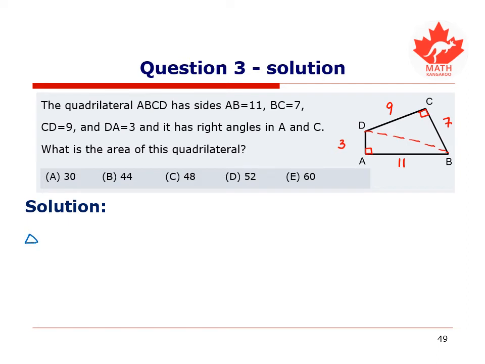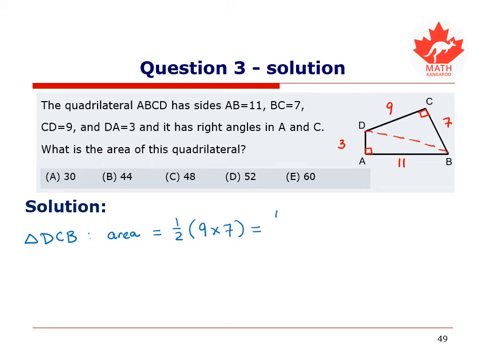So we have triangle DCB, which is a right angle triangle, and we'll work out its area, which is equal to 1/2 times the base. Let's make the base 9 and the height 7.